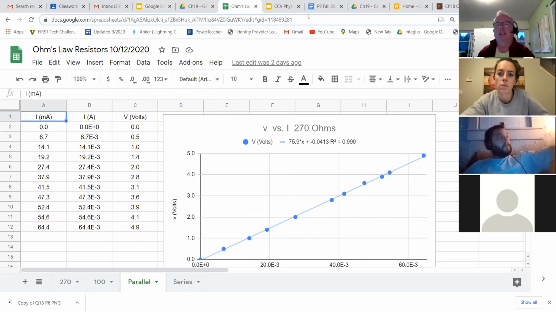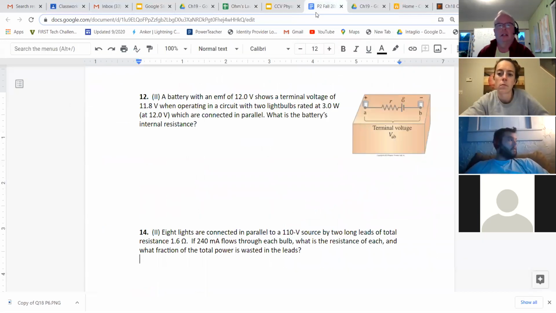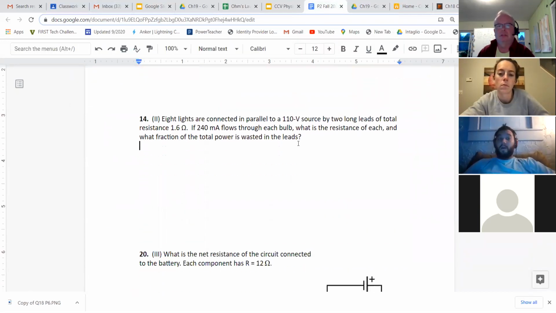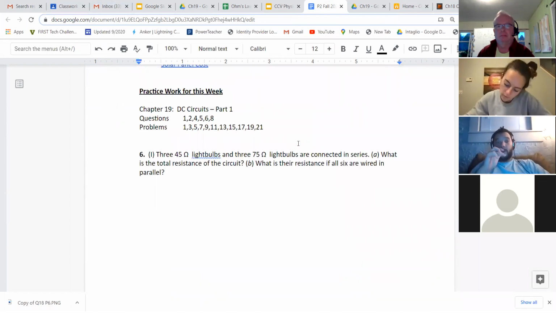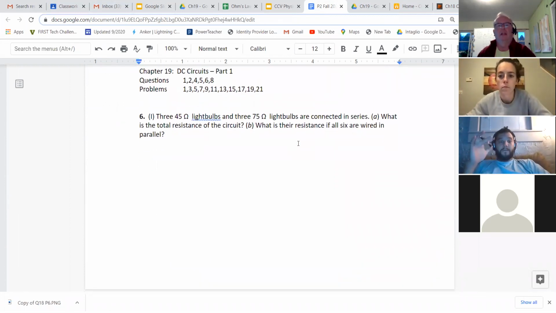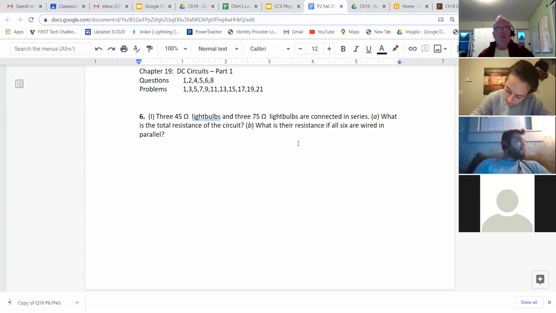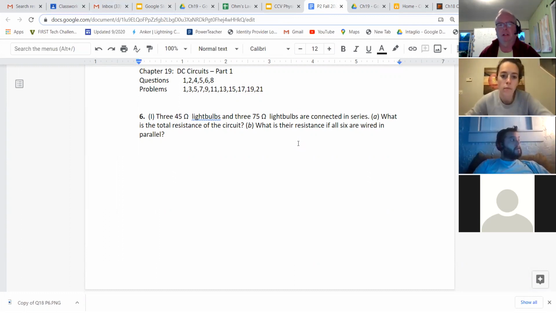Okay, let's pull up our agenda and take a quick peek. So here's the first one I'm going to do. We have 345s and 375s connected in series. What's the total resistance, and what if they were all in parallel? All right, so fair question.